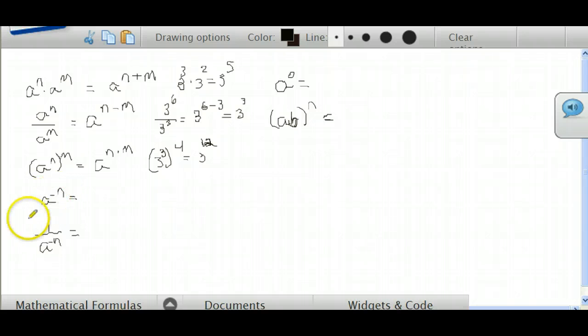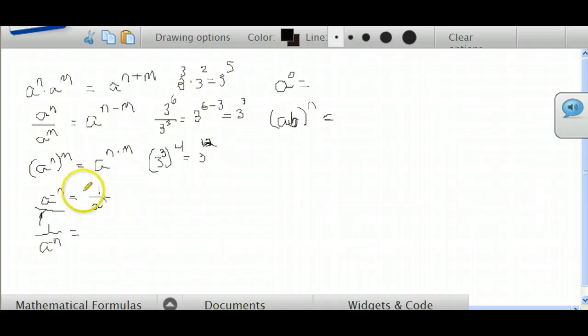Okay. Next one is a to the power of negative m. Now, you're never supposed to have a negative exponent. So if ever you have a negative exponent, you're supposed to flip it. And you know everything can be written over 1, so you can write this as a to the power of negative n over 1, just the exponent over the number 1. So if you have a negative exponent, you flip everything. It's going to be a 1 at the top, and then a to the power of positive n at the bottom. Everything got flipped to the other side of the fraction.